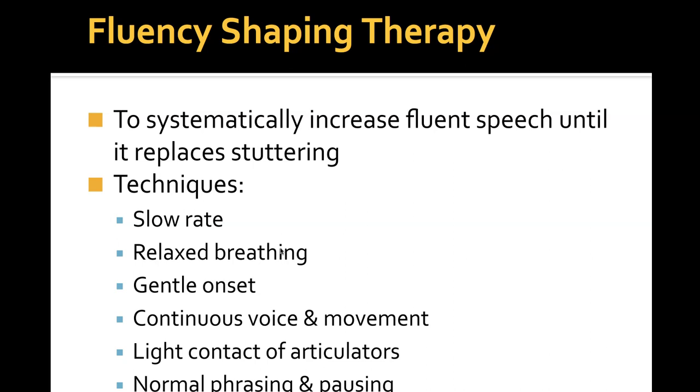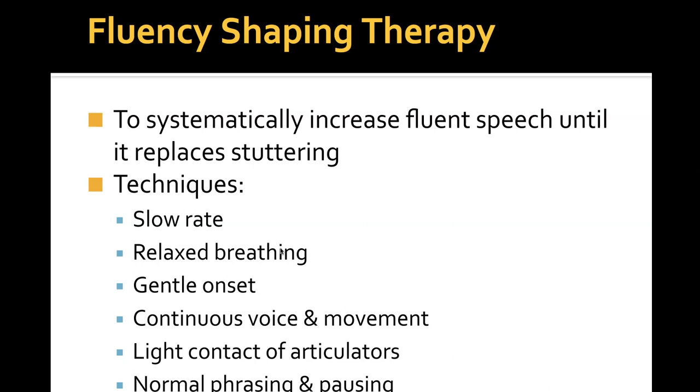So we're going to really shorten how long we're going to say at once, knowing that shorter phrases are going to be more fluent than longer phrases.